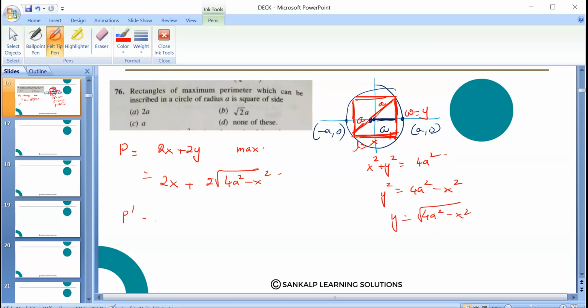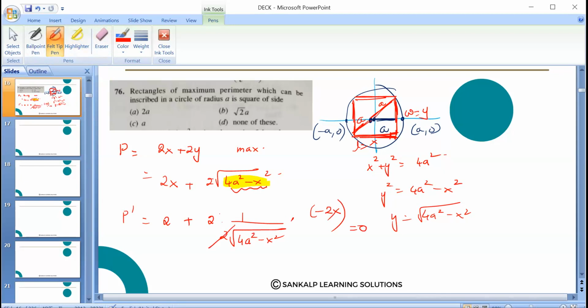Derivative of the perimeter will be 2 plus 2 into derivative of square root, 1 by 2 root 4a square minus x square into derivative of 4a square minus x square, which is minus 2x, which you set to 0.